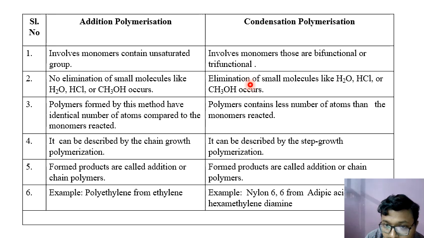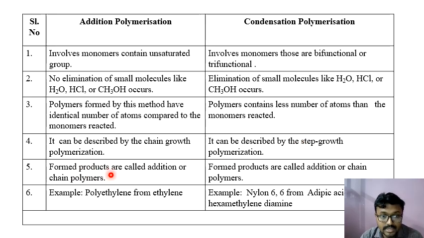So an addition polymer has the same number of atoms as the monomer units which reacted. In condensation polymer, there will be fewer atoms than the monomer units reacted. Addition polymerization is called chain growth polymerization, and condensation polymerization is called step growth polymerization.